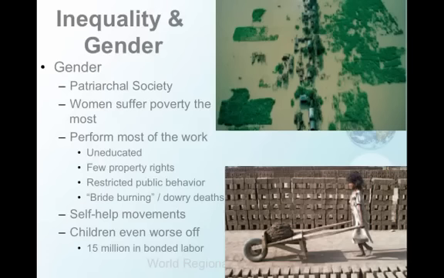Children are unfortunately even worse off than women are, and women are very bad off in this region. You have approximately 15 million children who are in bonded labor or modern-day slavery in this region of the world.